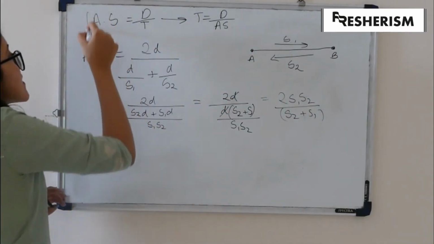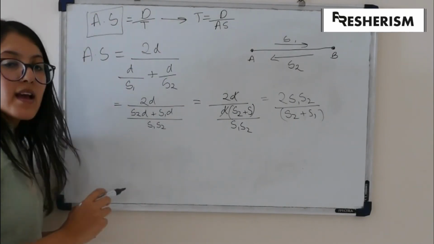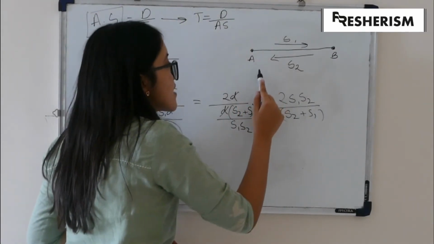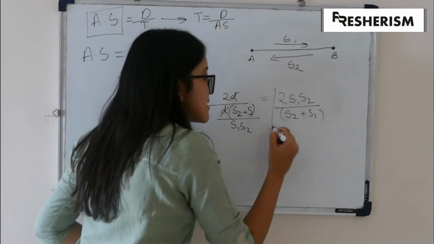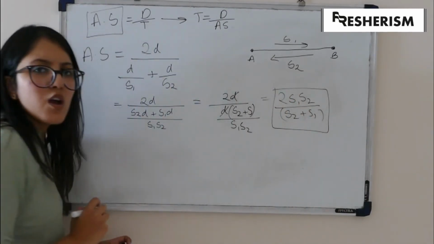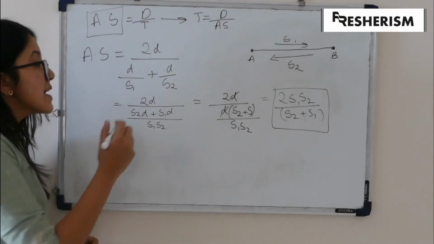Therefore, our average speed when the car travels equal distance but at two different speeds is this. Very easy formula.